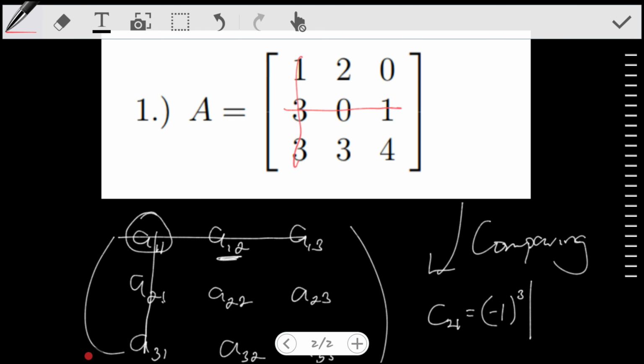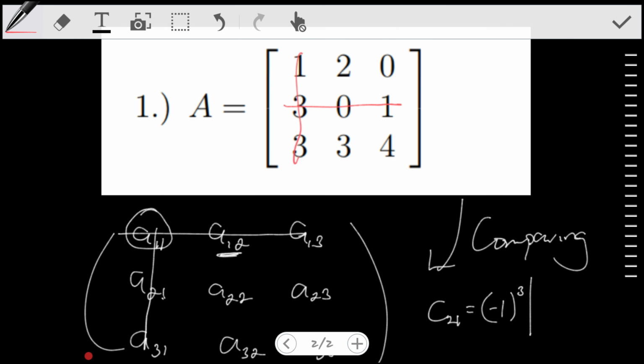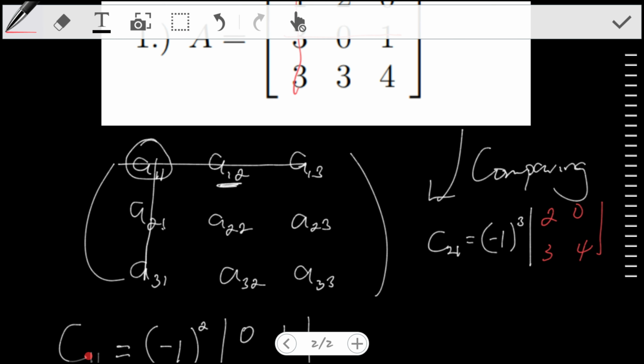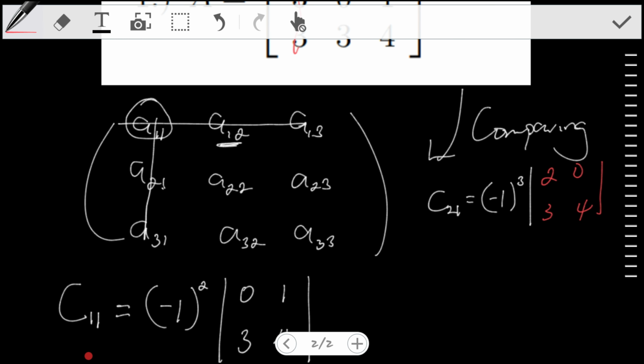And column. So the minor matrix, we are going to be having 2, 0, and then 3, 4, right? So out of that, this is going to be equal to negative 1 into, now 2 times 4, you're going to have 8.